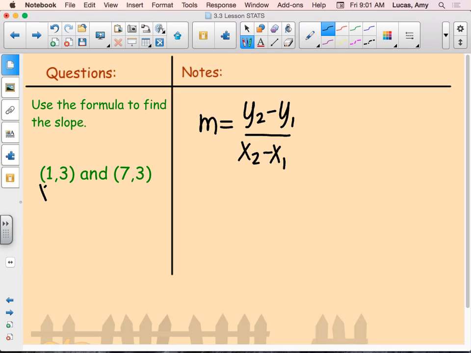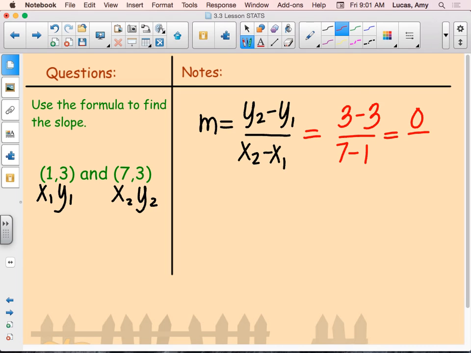Label my ordered pairs, and then plug it in. y2 is 3 minus y1 is also 3. x2 is 7 minus x1, which is 1. 3 minus 3 is 0. 7 minus 1 is 6. 0 divided by 6 is 0.